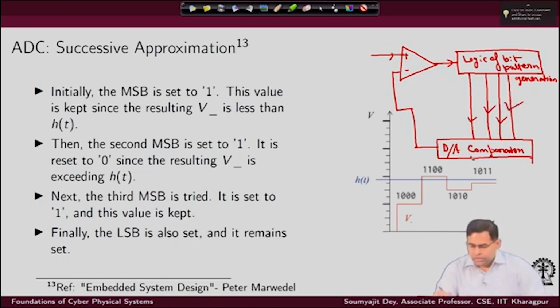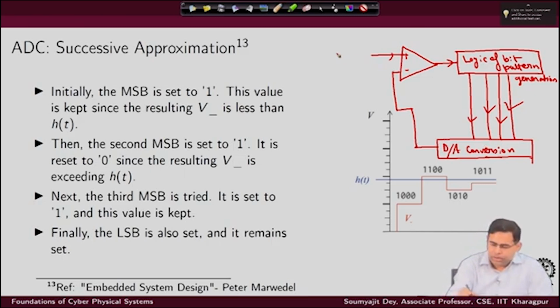So the logic that I explained of generating this bit pattern, let's say it is implemented here in the digital circuit. That output comes here, then a D2A conversion happens, and then it goes to this comparator.